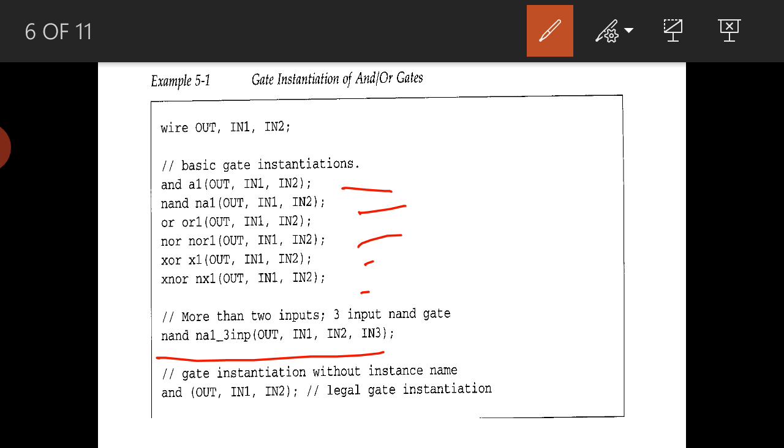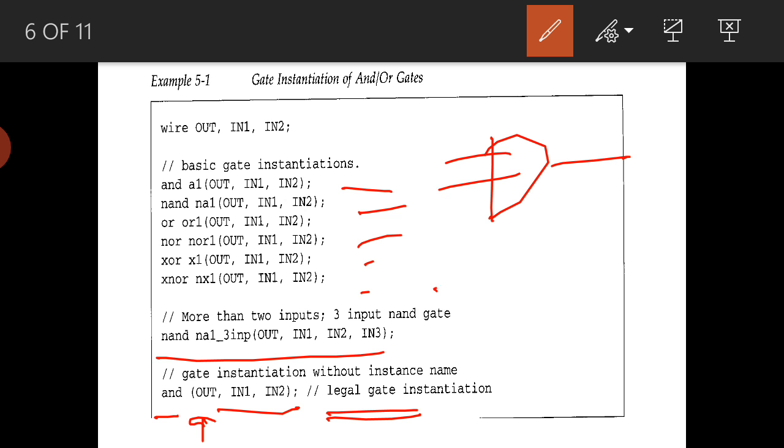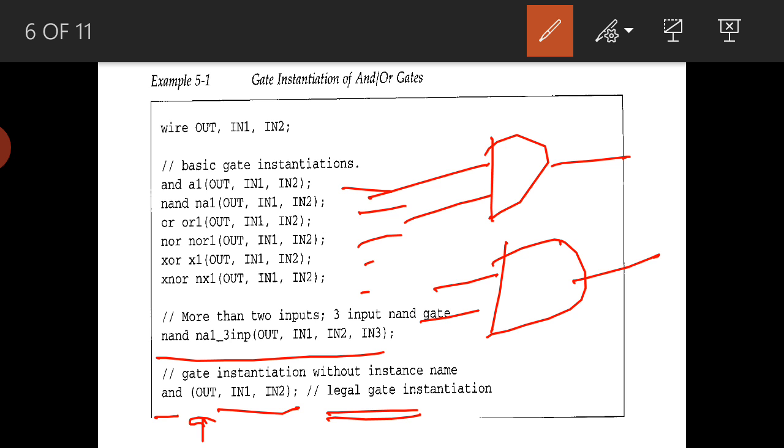One more thing: the instance name is not compulsory. If we have not mentioned any instance name, only outputs and inputs, it is still legal. But we can use this only when there is just one gate. If there are two of the same gates, for example two AND gates, then we need to differentiate between the first AND and the second AND.